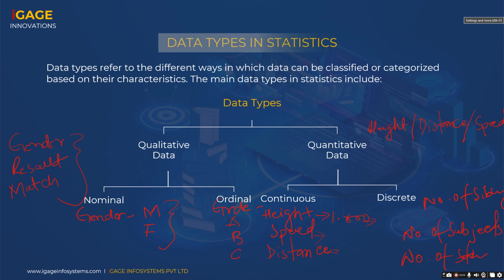These have a finite number of values. So this is the major classification of data types. We have further classification for discrete data, which is sometimes further classified into count and categories, but this is the primary classification of data types.